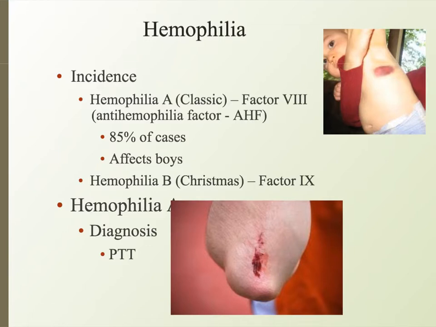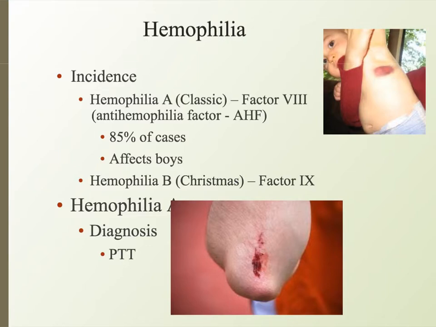No matter what clotting factor is deficient, because you have different types of hemophilia that have different clotting factors that are deficient, you're going to have the same kind of symptoms with each type of hemophilia. We have the classic hemophilia, which we're going to basically focus on in class.